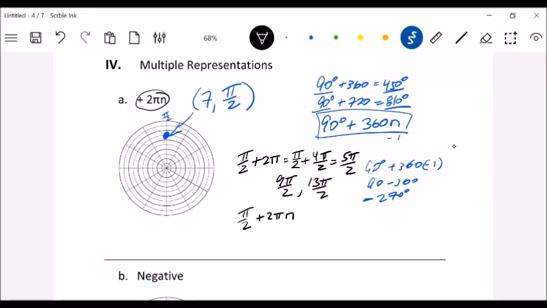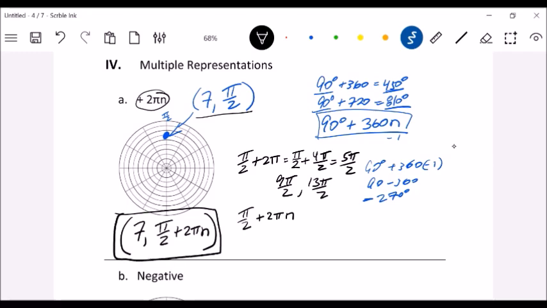So multiple representations for polar coordinates, in this case then, would give me 7 and the normal pi over 2, then plus 2 pi n, and that's what I would actually put as my answer. I would still have radius and angle, but the angle now is written with that little bit extra there, which means that it's numerous representations of it.